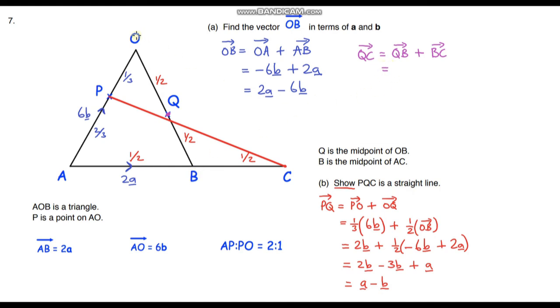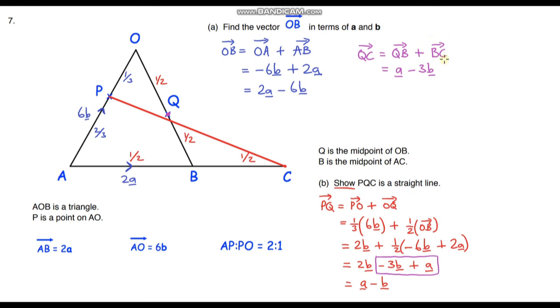So I can just use my vector from the previous question for OQ. All of this was the vector OQ, so I can just use all of that. So it would be a minus 3b. So that is the vector QB.